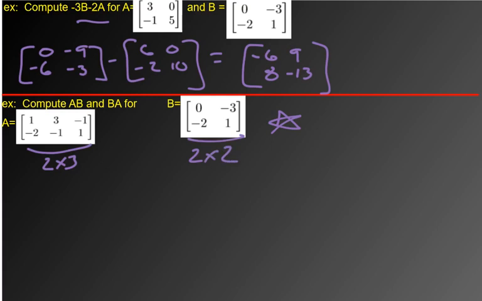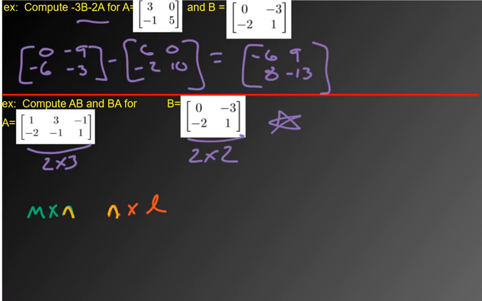You can multiply matrices as long as, let's say you have m by n, and then you multiply it by n by L. As long as these two inner numbers are the same, you can multiply those matrices.